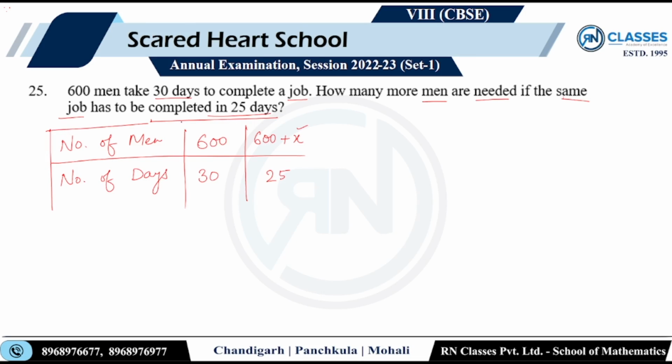Now tell me, if the number of men gets increased, so the number of days would get decreased, of course. So it is a question on inverse variation, right?